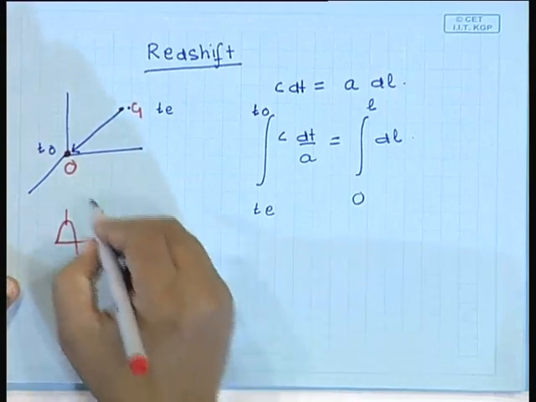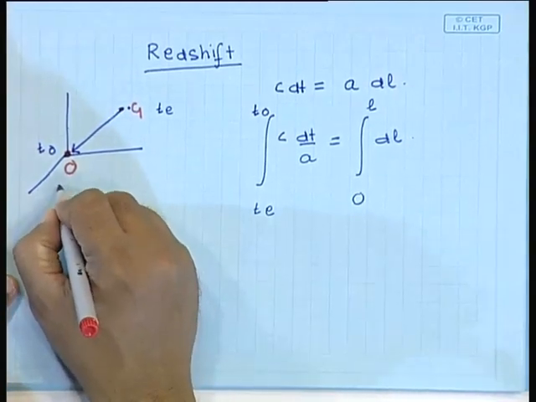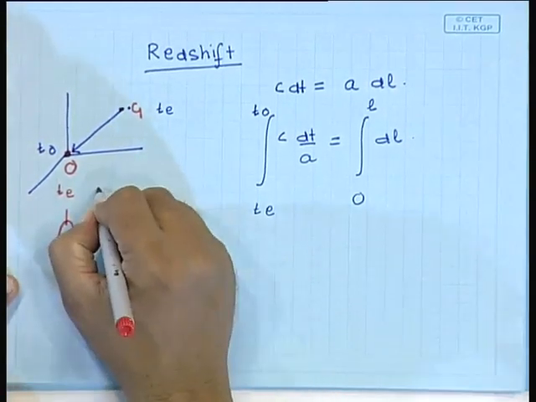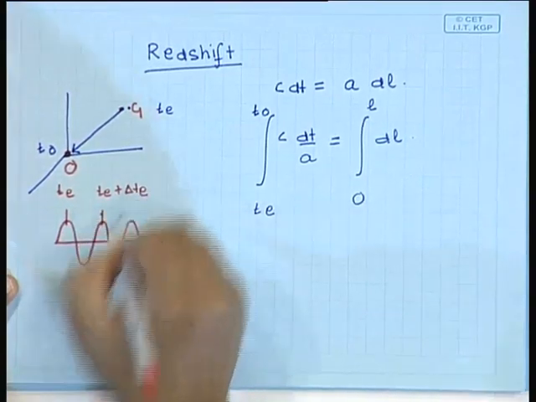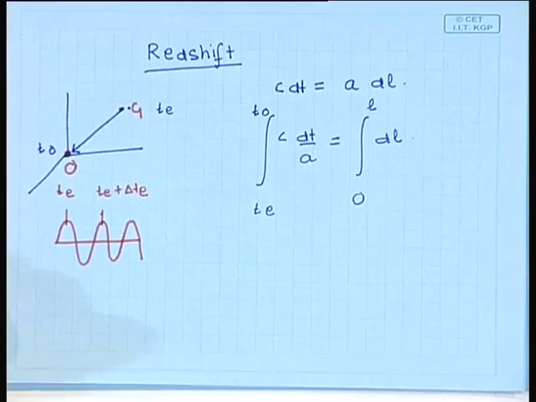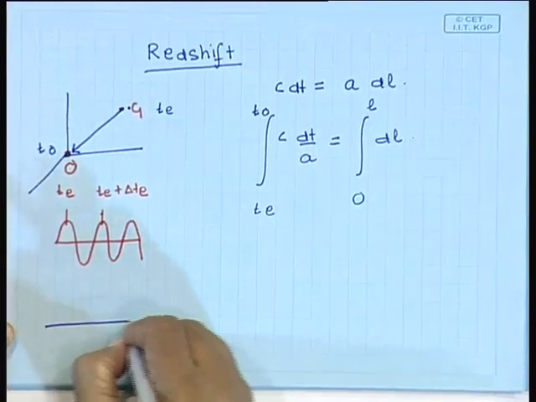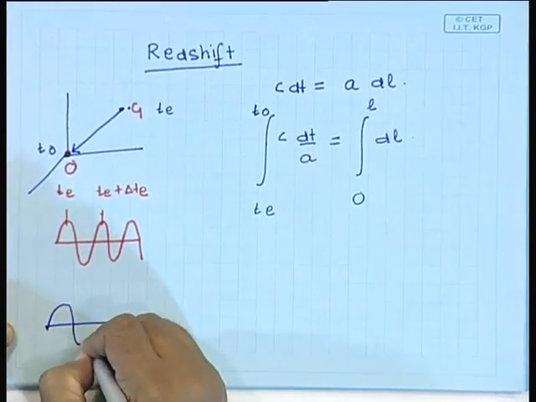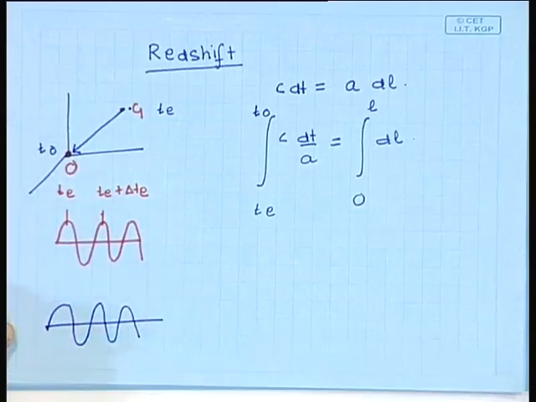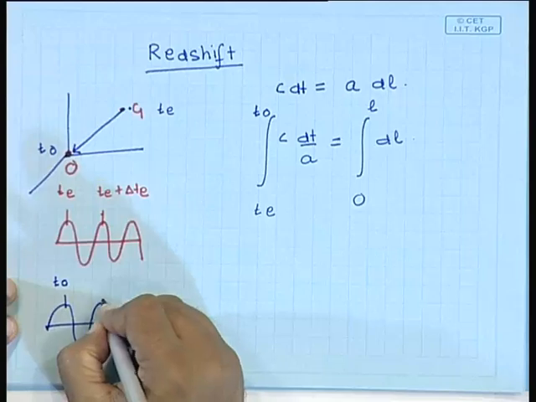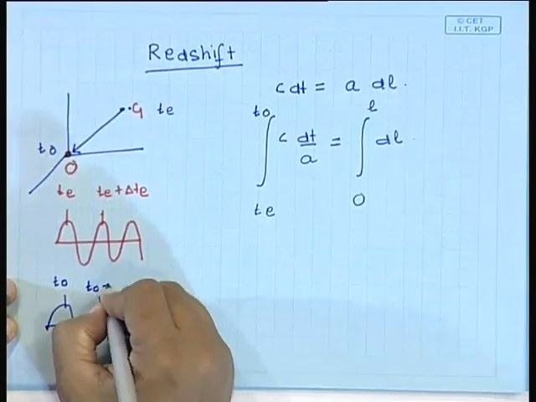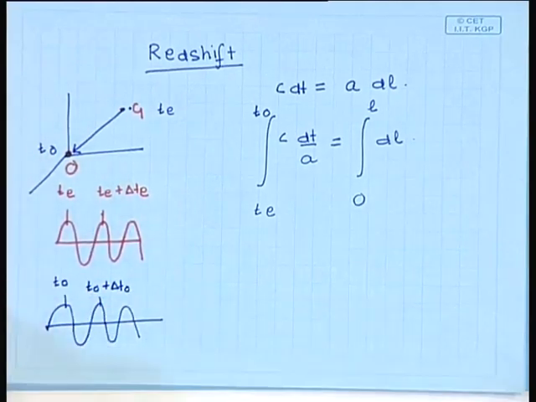So, let us say that this is emitted at T emitted and this is emitted at T emitted plus delta T emitted, okay. Now, a similar wave train will be observed by the observer, and the first one will be observed at T observed, the second one will be observed at a later time T observed plus delta T observed, okay.